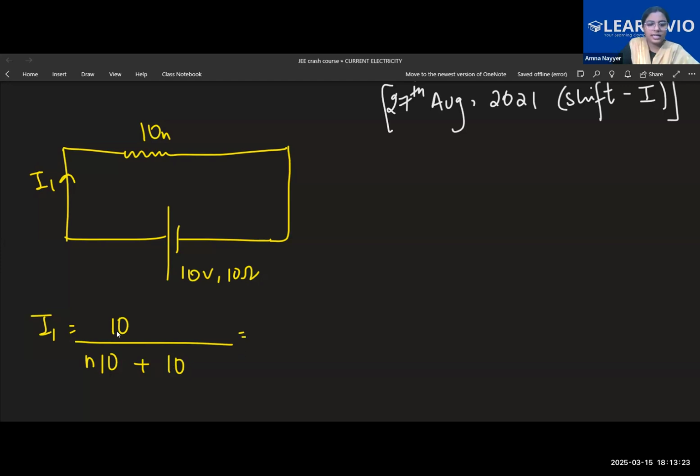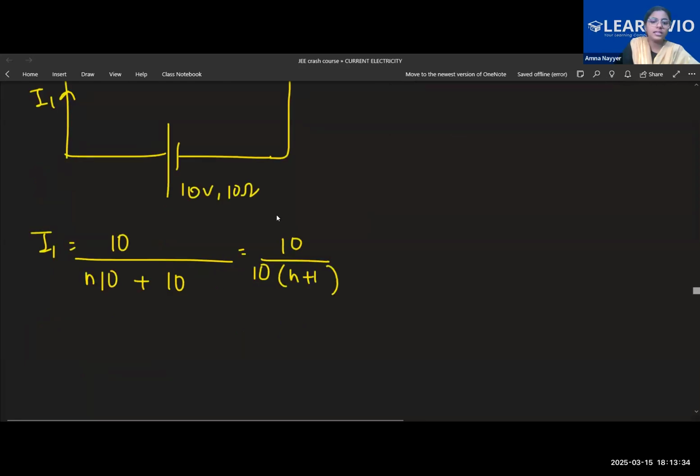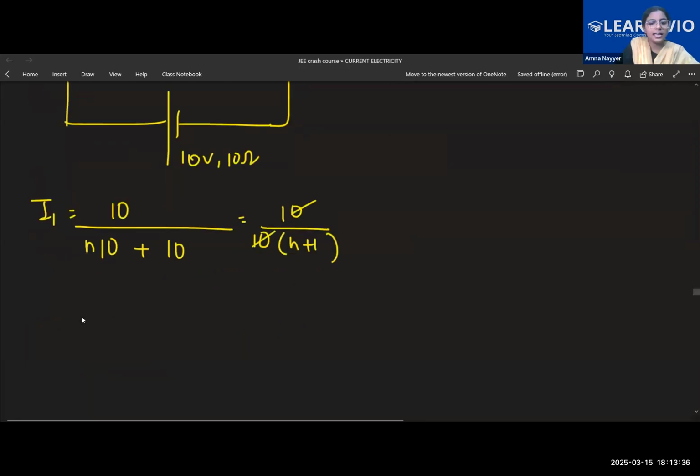So if we take 10 common from here, this will be 20 divided by 10 into n plus 1, right? This is what we'll be left with. So I1 is equal to 2 by n plus 1. We cannot solve this further.